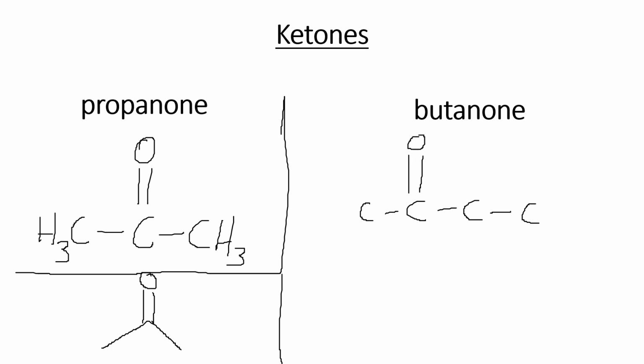So I'm just going to put it here, and then just turn each carbon so it's making the appropriate number of bonds to hydrogens. This becomes CH2, and this becomes CH3. And skeletal formula, draw out butane, but then have the double bond to oxygen coming in there.